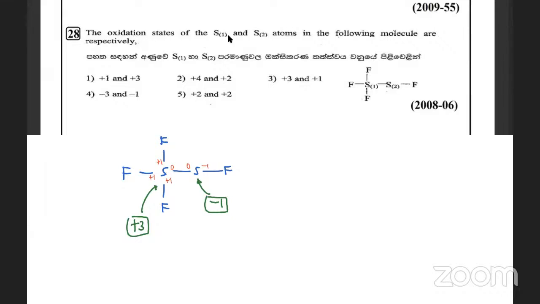Not minus, how can sulfur be minus? It should be +1. With fluorine, anything connected to fluorine should be plus. I think we can settle on the third answer. So similar questions are repeated.